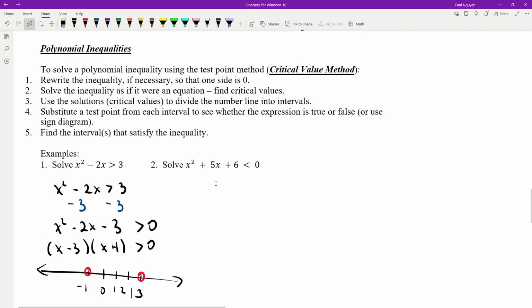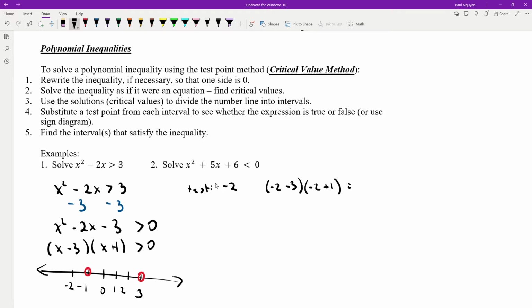So let's pick some points here. So we're going to test our regions. From this area over here, I'm going to pick the point at -2. So if I plug in -2 to the left, I'll get -2 minus 3 times -2 plus 1.